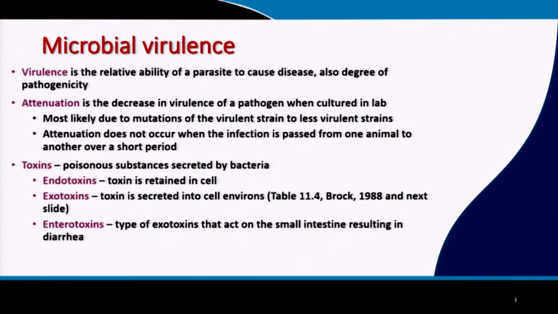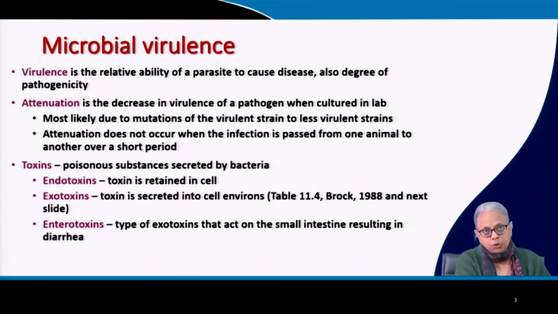So let's take a look at microbial virulence. Now we already know that pathogens can be bacterial, viral, protozoa, all kinds of microbes exist. Do all microbes which cause diseases, let us say that if a particular pathogen or a particular parasite is known to cause a disease, is the relative ability to cause the disease going to be the same?